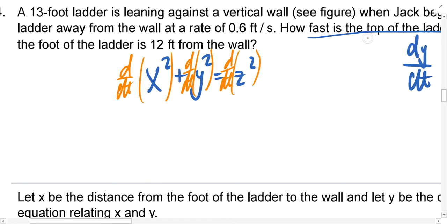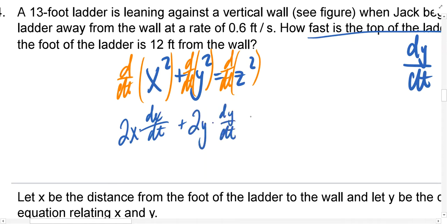We should be able to find out dy/dt, which is the question being posed right here. So the derivative of x squared would be 2x, but since the variables disagree, we're going to call this 2x times dx/dt. And similarly, we have 2y times dy/dt. And then lastly, we've got 2z times dz/dt.